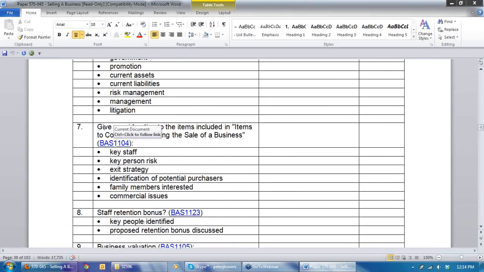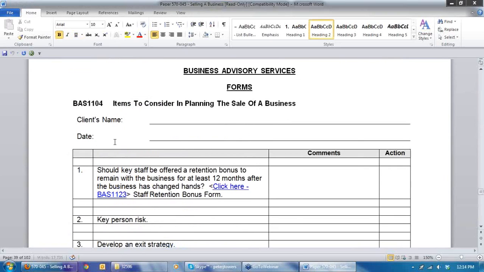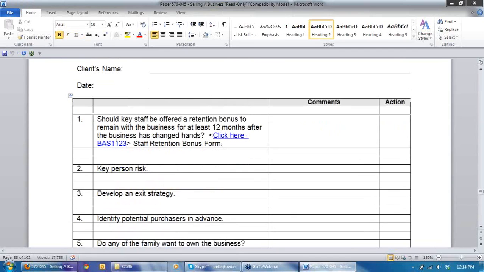So what items need to be considered in planning the sale of a business? One of the big issues in many sales is what's going to happen to the key staff.